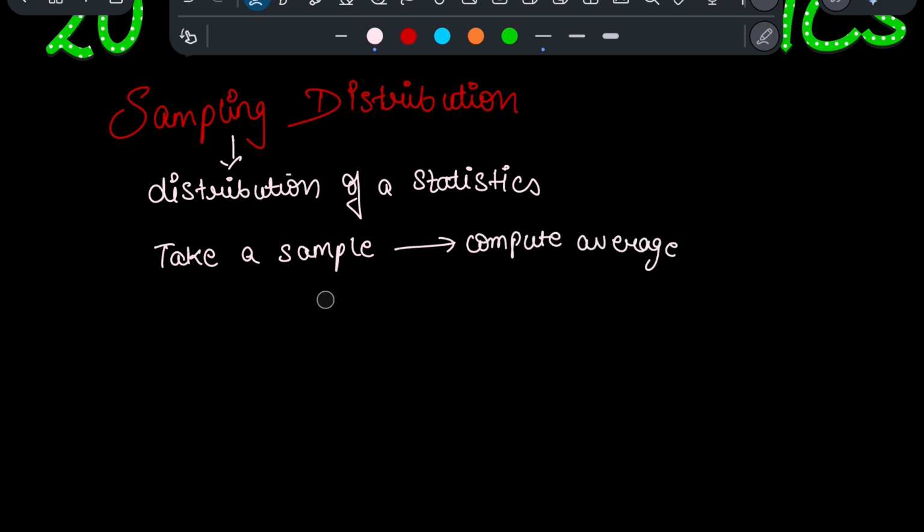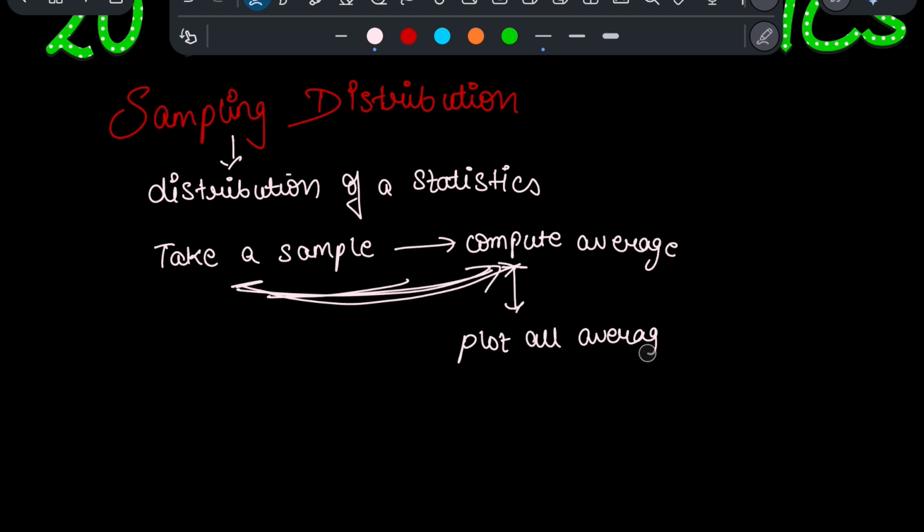Then we again take a sample, then again compute the average. Then we repeat this many times, and plot all these averages on a graph. And the distribution you get is the sampling distribution.